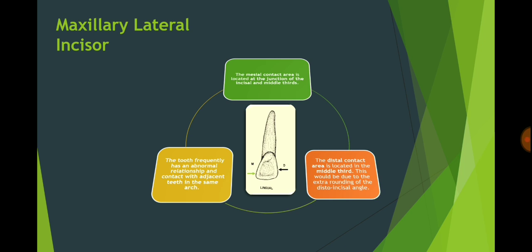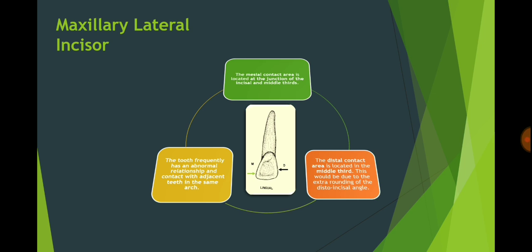Okay, you have the contact areas which progress from the incisor aspect to mid cervical as you progress from the anterior to posterior. So it means the mesial contact area of any tooth is usually a little bit higher than the distal contact area.